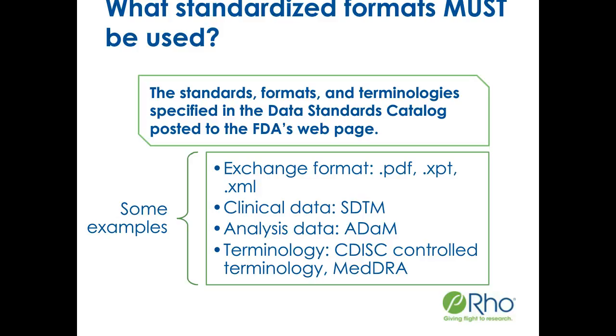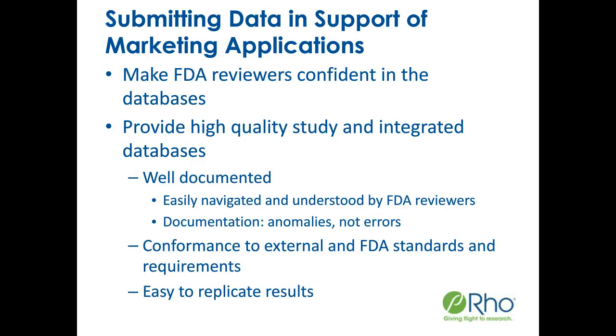Let me move briefly to the second part of my discussion on why we have to plan early, and that is, what are the expectations for what the data ought to look like when it makes it to a regulatory body, and in this case, let's just focus on the FDA. In short, integrated databases ought to make FDA reviewers confident in those databases.